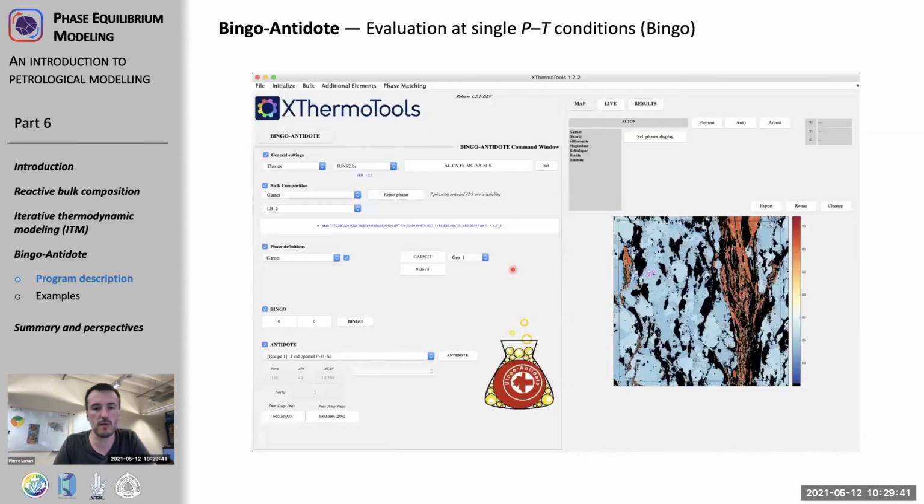This is how the program looks like, and it can handle compositional maps directly. In this map, you can see that we have an area with the black lines here. That is a quite large area. And the program will immediately calculate the local bulk composition of this area and put it in the Theriak-Domino format. This is the input, the bulk composition of this area in the Theriak-Domino format.